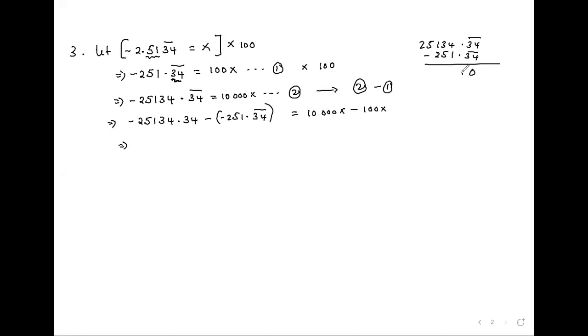So we get 24,883 on the left, so we have minus 24,883 is equal to 10,000 minus 100, we get 9,900 x.